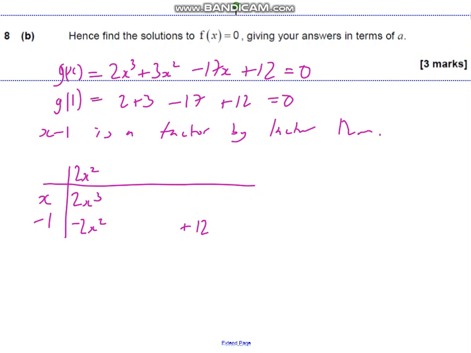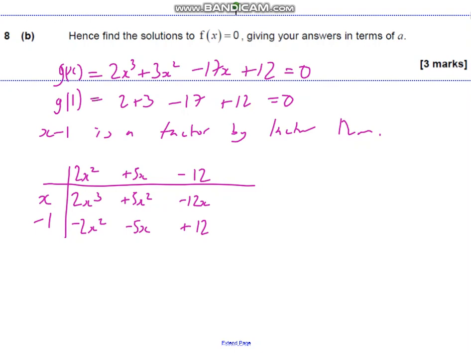I know I need to have positive 3x squared in the end, so this one must be plus 5x squared. If that's plus 5x squared, then this must be plus 5x, and 5x times minus 1 is minus 5x. I know I need minus 17x in the end, so that's minus 12x, which means this must be minus 12, and that would work nicely with this.